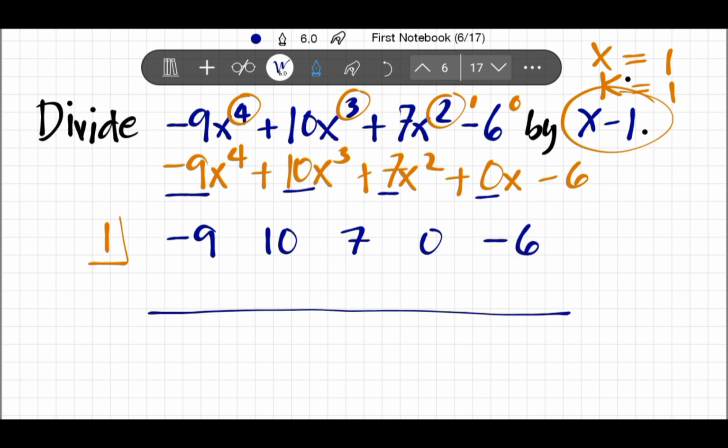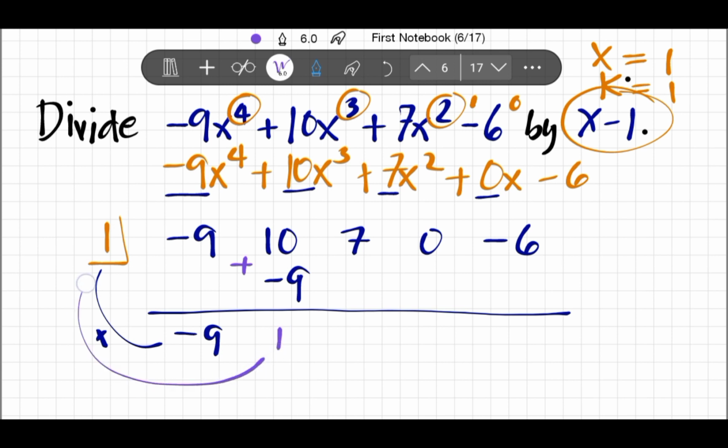Okay, so let us bring down the leading coefficient, which is negative 9. Next, multiply negative 9 by positive 1. So negative 9 times positive 1 is negative 9. Next, let's add 10 and negative 9. So 10 plus negative 9, or simply 10 minus 9, is positive 1.